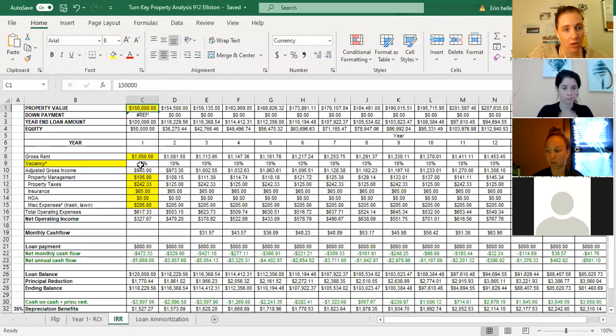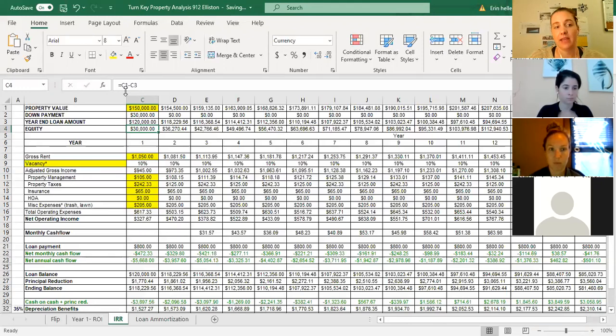There are other factors you can consider, but I'm going to show you. So we know that when we buy the property in year one, can you guys see this, my IRR tab? Okay. In year one, we know that it's a $150,000 property. We put down $30,000, right? So our year one loan amount is going to be $120,000. So that means we have $30K in equity. So basically our equity at this point is only what we paid into it.